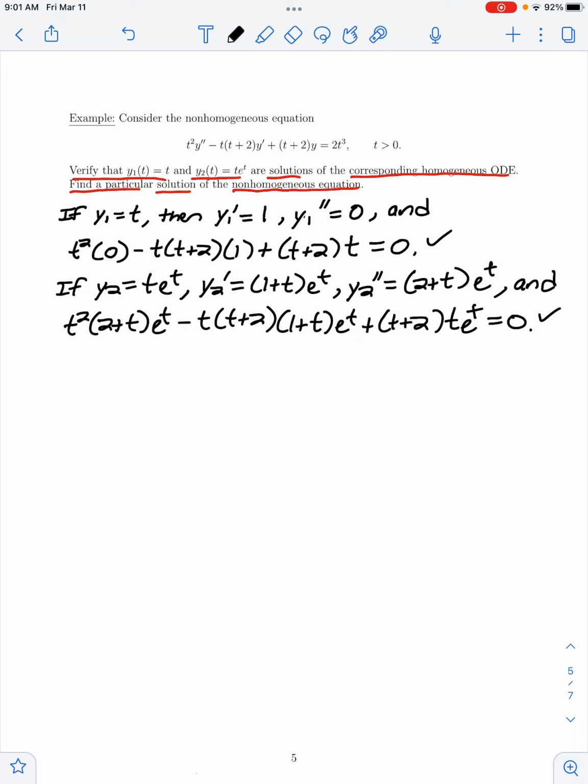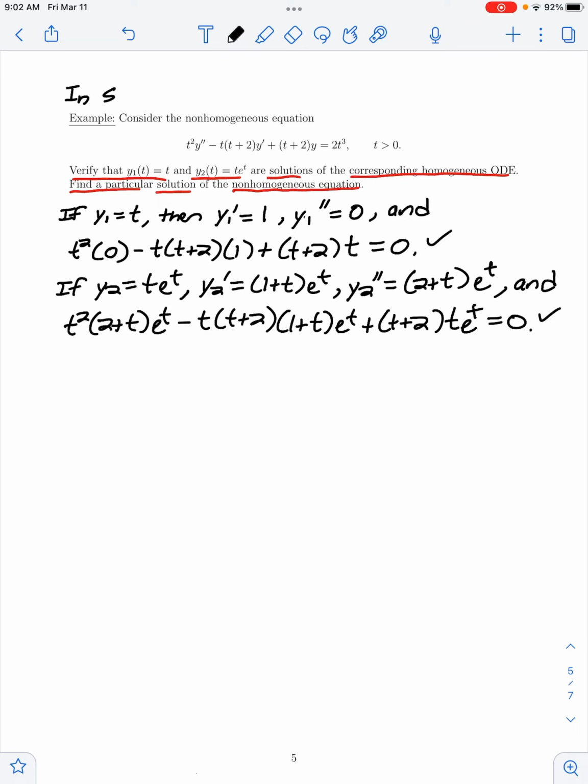Now, to find our particular solution, we're going to make use of the method of variation of parameters using the formulas that we derived. But recall, to make use of those formulas, we need to make sure our equation is in standard form.